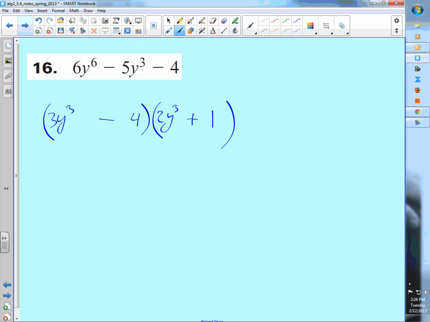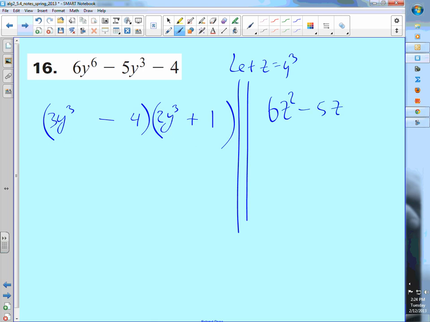We can also say, let's let z equal y to the third. And if we let z equal y to the third, you'd have 6z squared minus 5z minus 4. And I know for a lot of students, they look at this and they go, I'm so much more comfortable with this than with this.